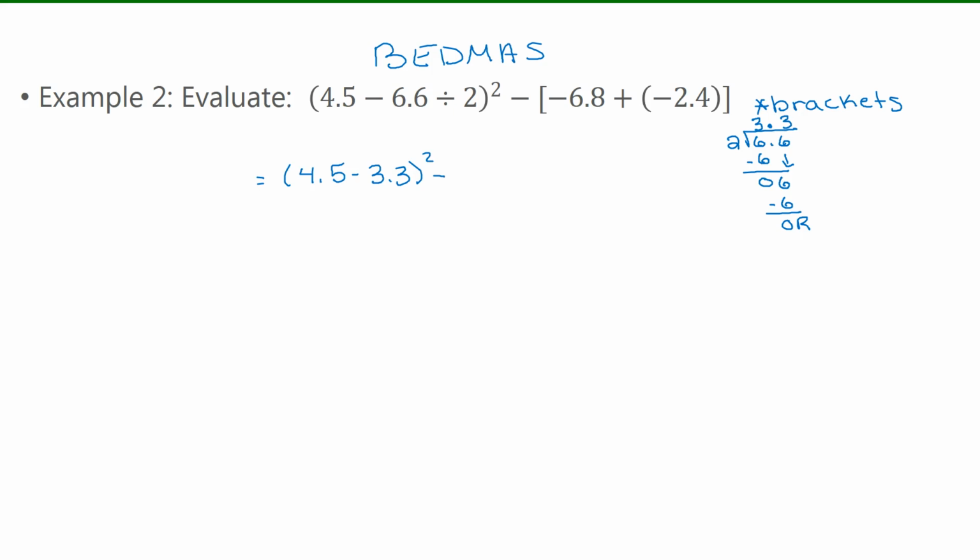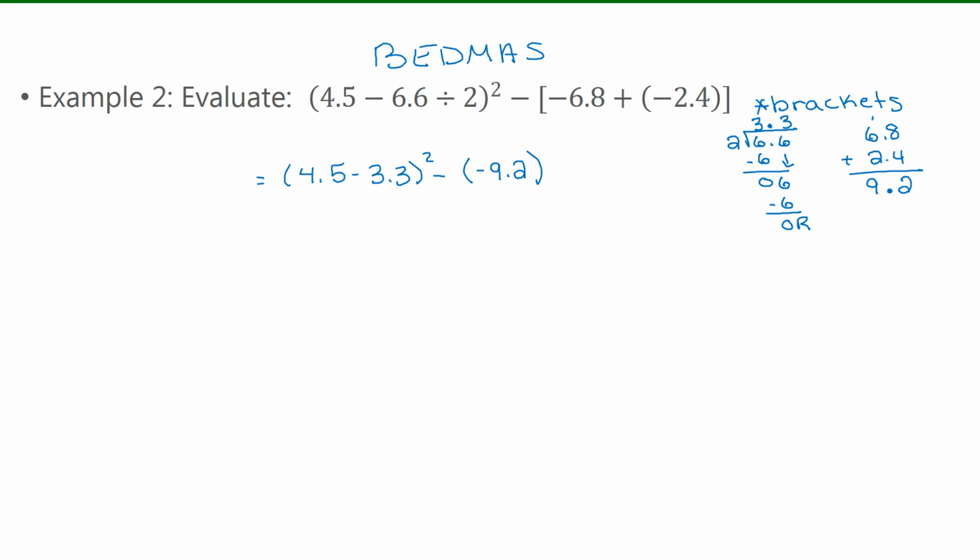I'm also going to work on that square set of brackets. I am adding two negatives. So we add the numbers and then just make your answer negative. 8 plus 4 is 12. Line up your decimal, and then that will give us 9. So we end up with negative 9.2 for the square set of brackets.